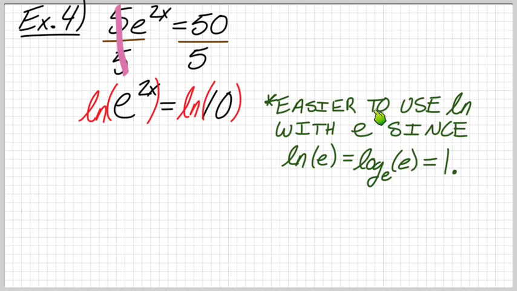It's easier to use ln with e, since the ln of e, which is what we simplified to, think about this. ln of e is just log base e, right? So e to what power equals e? It equals 1, right? So whenever I see e, I always use ln, because the ln of e is just 1. So it's almost like they cancel out, right? They're inverses of each other.